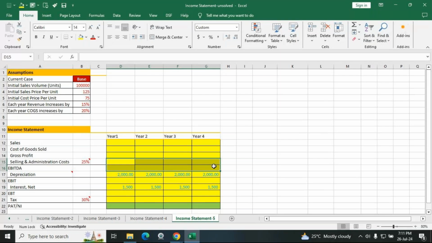Ma'am, can you show me the previous one once more? My values are not matching actually.